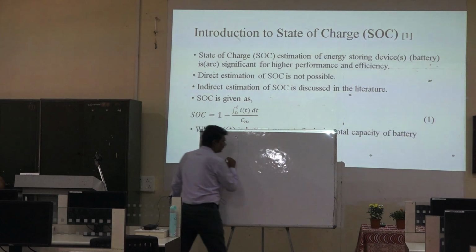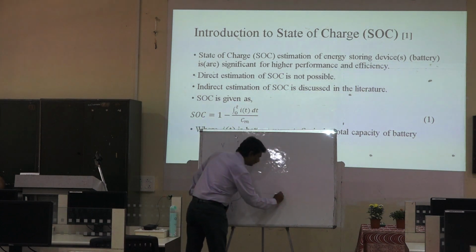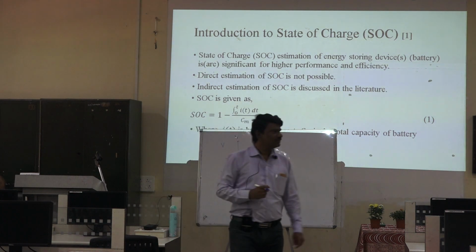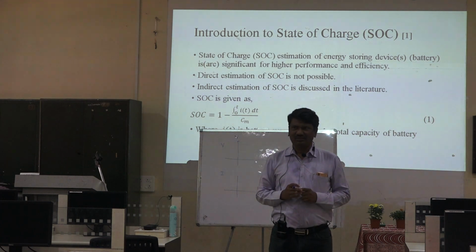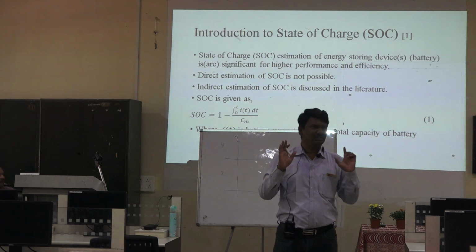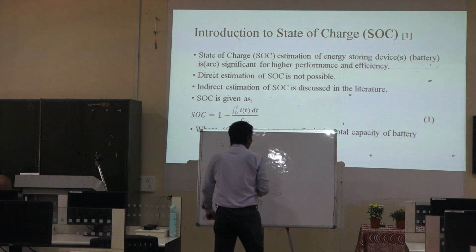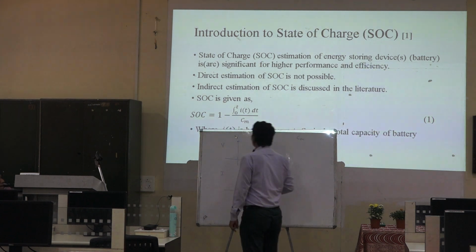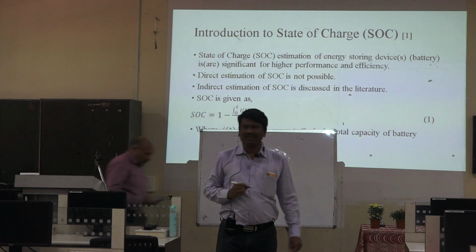So we have some graph. We are going to discuss that part. When I purchase a new battery, assume that it is fully charged. A fully charged battery is indicated with its total capacity Cm.